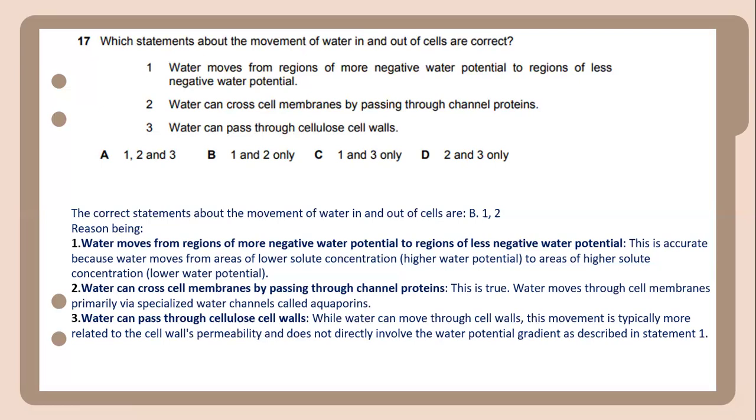This is false, and can be explained as while water can move through the cell wall, this movement is typically more related to the cell wall permeability and does not directly involve the water potential gradient as described in statement 1. That made the statement false.